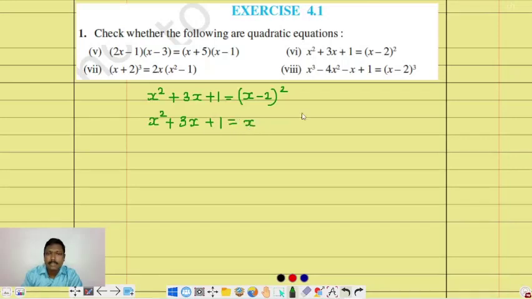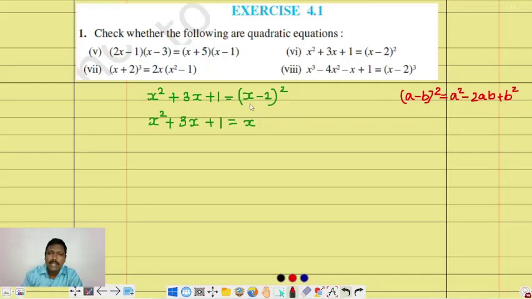This you can expand using the identity. Using the identity, which one? (a minus b) the whole square. What is (a minus b) the whole squared? It is equal to a squared minus 2ab plus b squared. Using this identity, you have to expand this one.